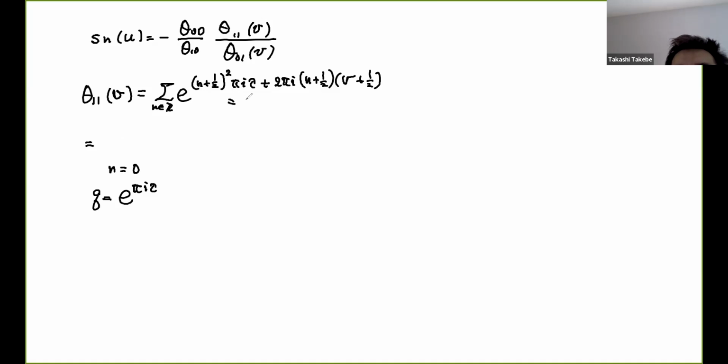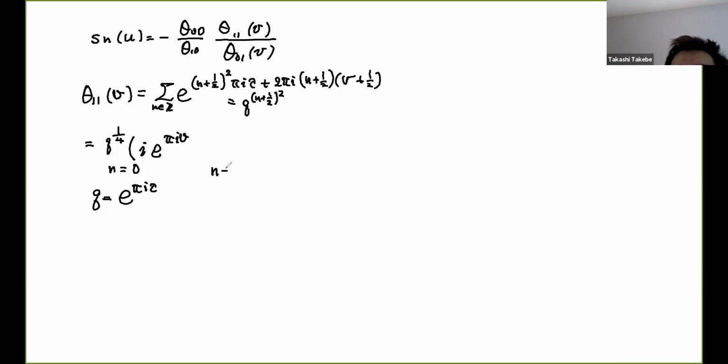So when n is equal to 0, this gives this, and from this expression, since this is 1 over 2, when n is equal to 0, then this is 1 over 2.